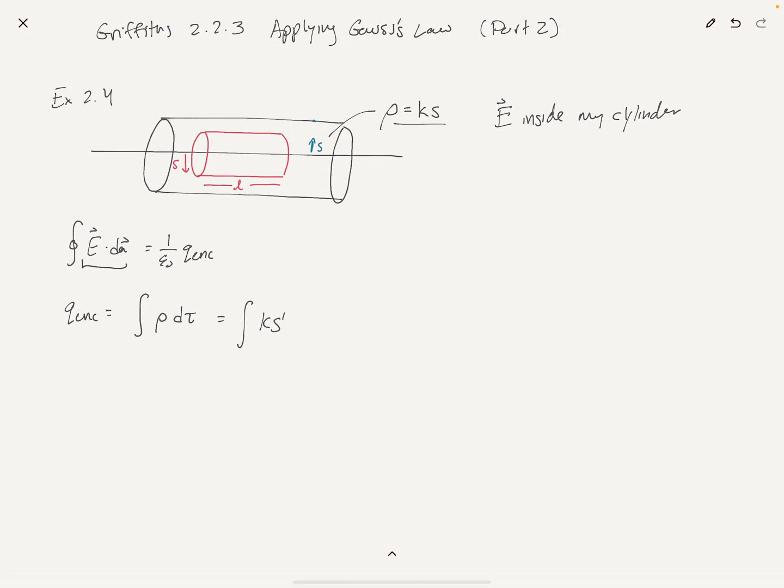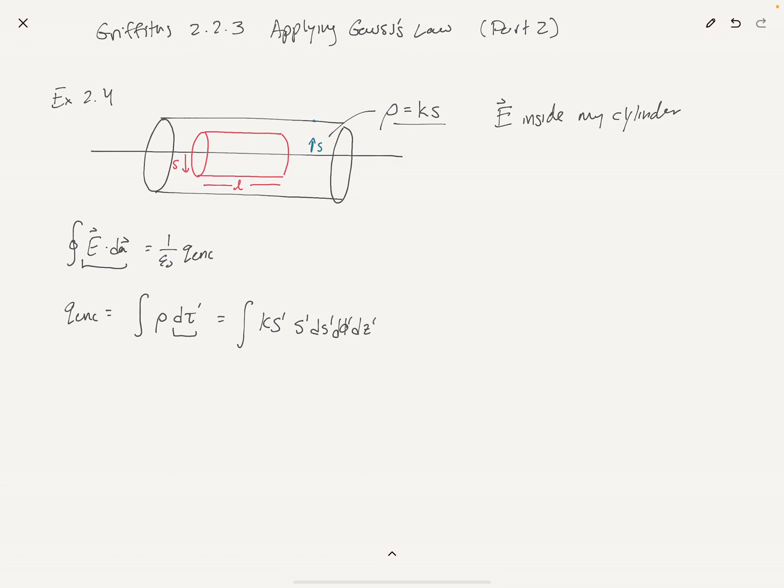I'm going to call it primed, specifically because those are the prime coordinates. I guess technically I should have d tau prime here. That's where the charges are. And then I need to build my infinitesimal volume element in cylindrical coordinates. That is s prime, ds prime, d phi prime, dz prime. And I'm integrating over that whole volume.